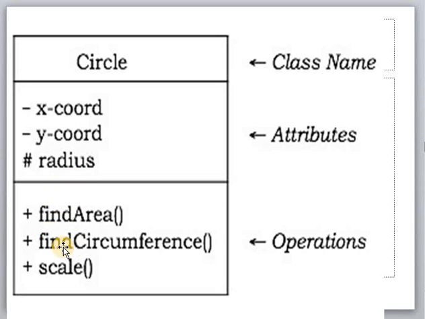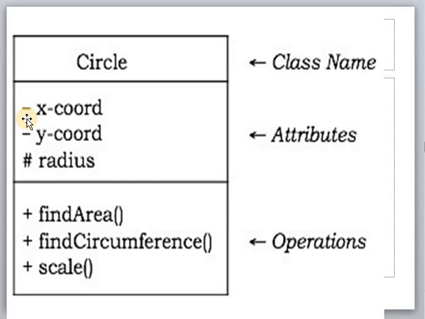A public data member can be used to access from anywhere in the system. So basically they are publicly accessible from anywhere in the system.